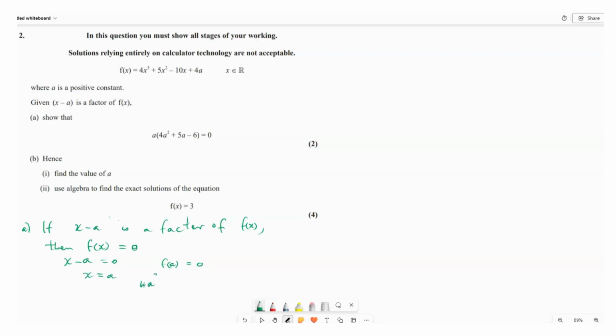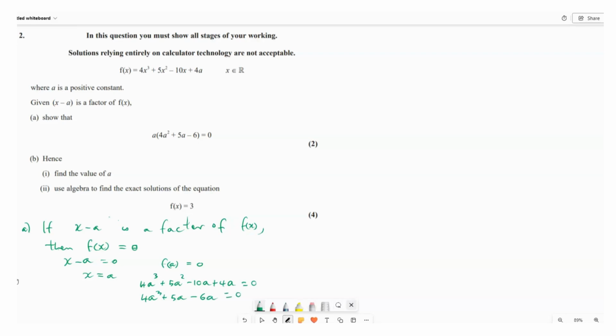So we would have 4a cubed plus 5a squared minus 10a plus 4a, and that should equal 0 based on the rule. We can simplify this. Therefore we have 4a cubed plus 5a minus 6a equal to 0.